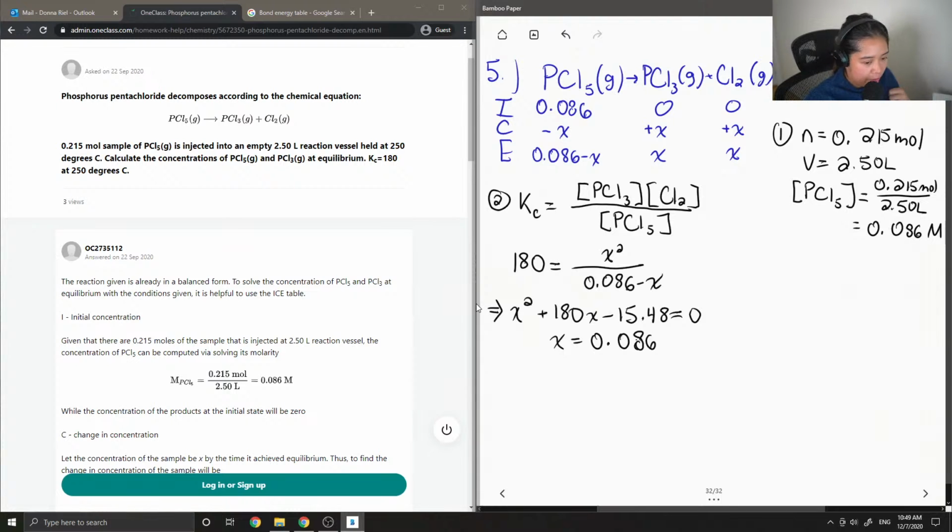So you'll find two values of x. One of them will be negative and one of them will be positive. And since we can't have negative concentrations, we go with the positive value.